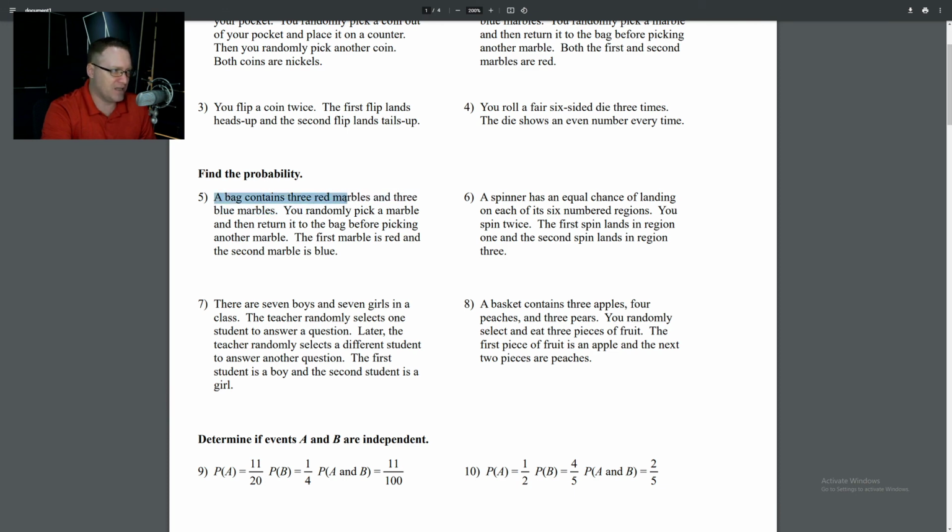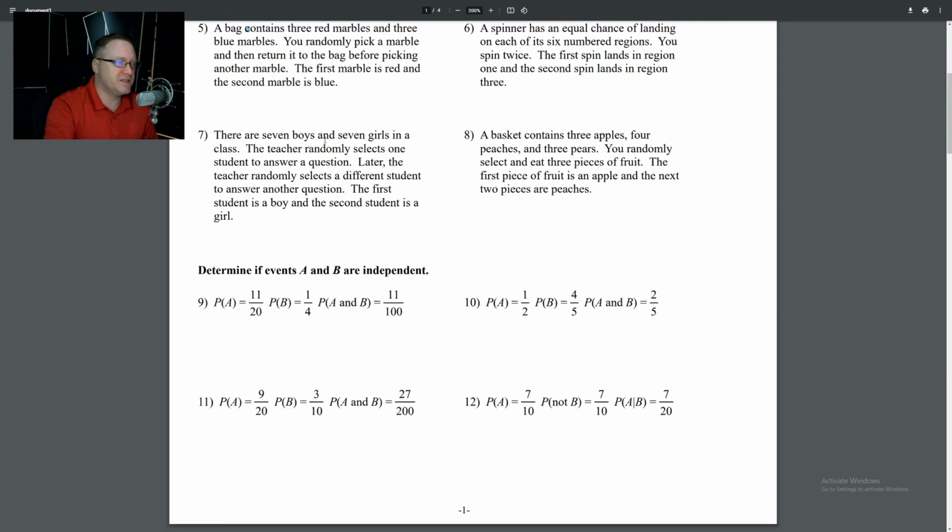A bag contains 3 red marbles and 3 blue marbles. You pick a marble and then put it in the bag before picking another marble. The first marble is red and the second marble is blue. So what is the probability of getting a red marble and then a blue marble? Okay?